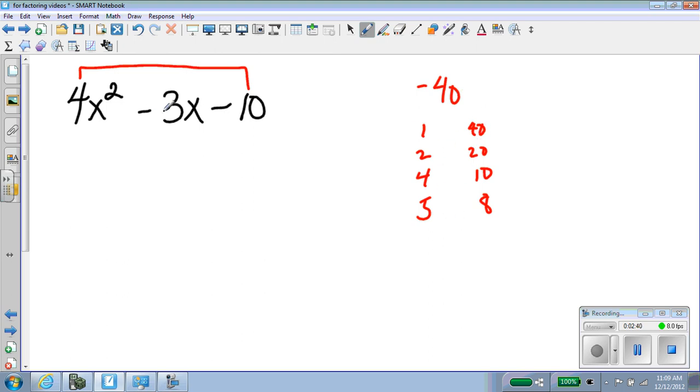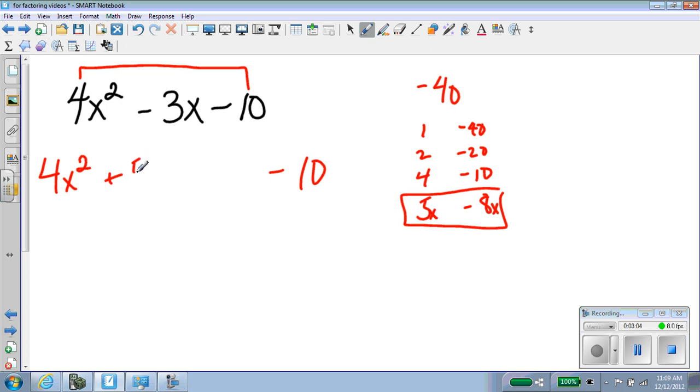Since I want negative 3x, I'm going to make the bigger one negative in each case. 5 plus negative 8 makes negative 3, so I'm going to call this 5x and negative 8x. 4x squared will stay, minus 10 will stay, but negative 3x is now going to be plus 5x minus 8x.